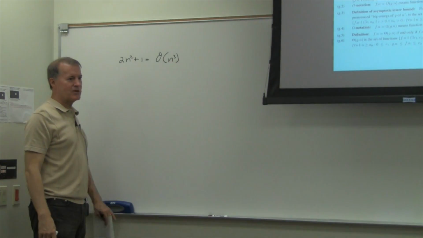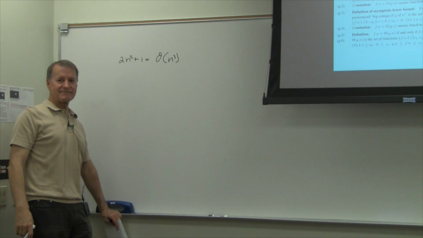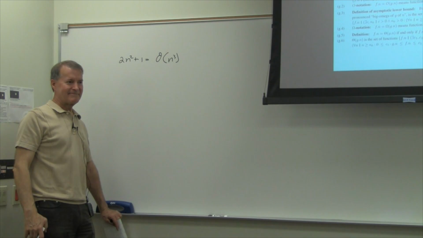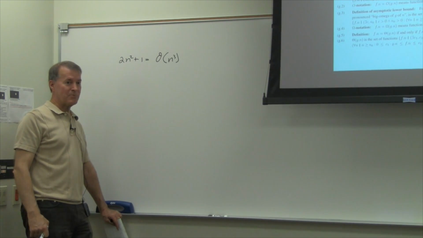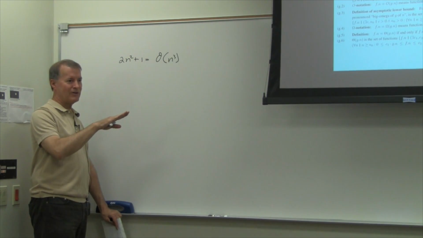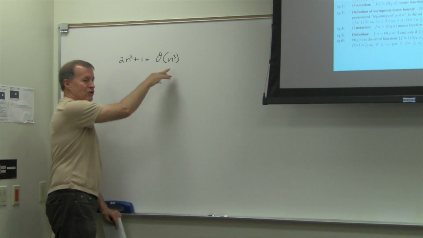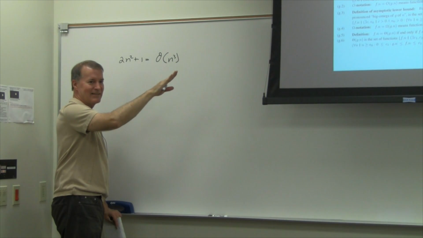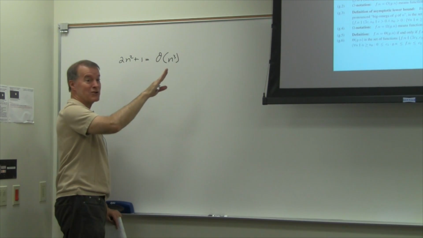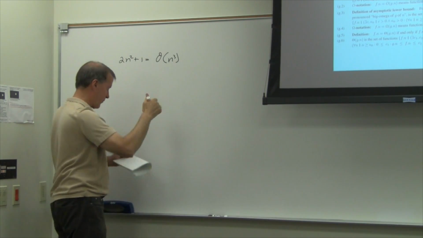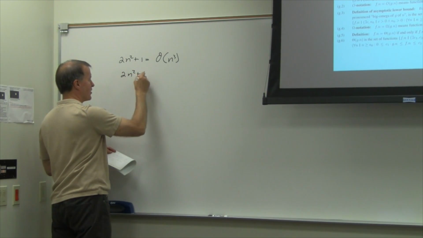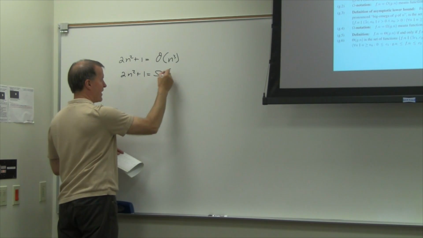Is this true or false? It is true, because n cubed goes up way faster than n squared, right? So if it's bounded above by n squared, for sure it's bounded above by n cubed, right? And what about this? 2n squared plus 1 is big omega of n.